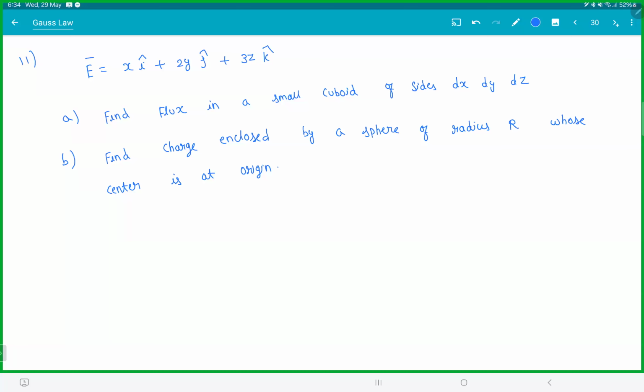It doesn't matter. x square by 2, y square by 2, 3z square by 2. No, you guys are goofing up.